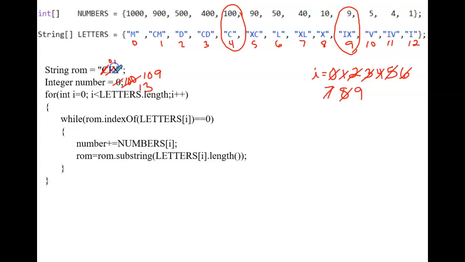It's going to amputate both of these elements and leave us with an empty string. So at the end of this process, ROM now is a null string, and number is holding 109, which is the equivalent in Roman numerals to CIX.